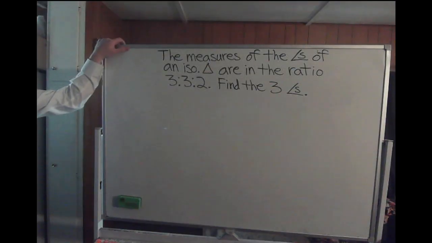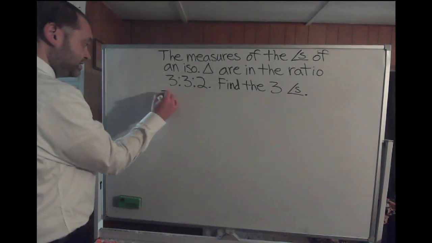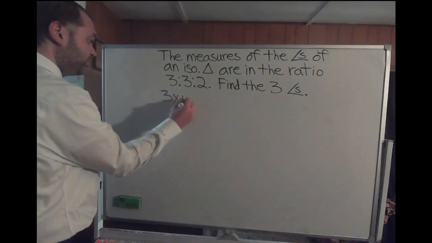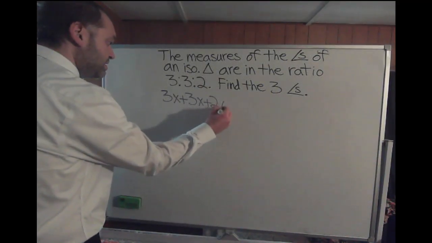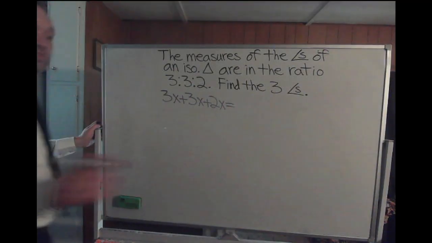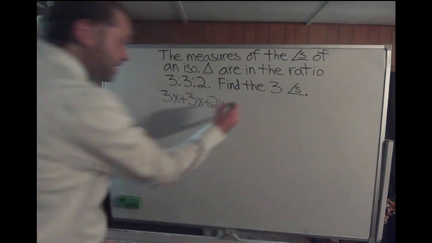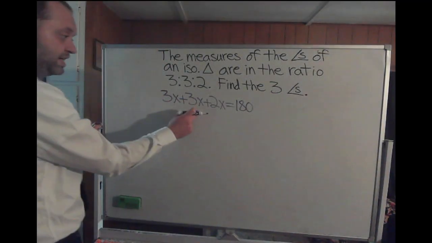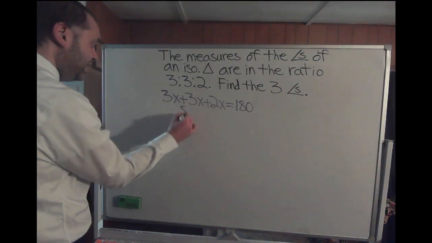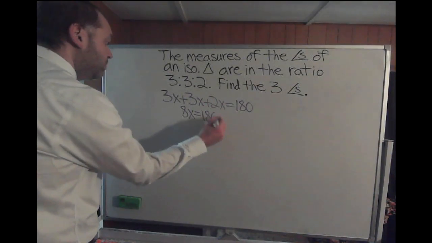of the angles are congruent to each other, right? So take your 3x plus your 3x plus 2x, and we know the sum of the measures of the interior angles of a triangle is 180. So 3x plus 3x is 6x plus 2x, that's 8x, would happen to equal 180.